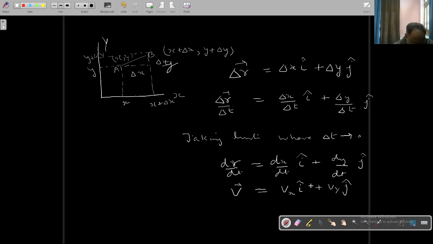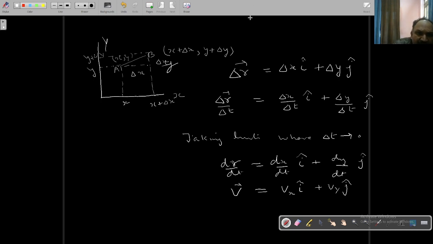So we have a concept now that whenever there is a motion in a plane, we will first examine 1 dimension, then the 2nd dimension, and then we find the resultant of the 2 dimensions, which will give the resultant displacement, velocity, acceleration of the particle.